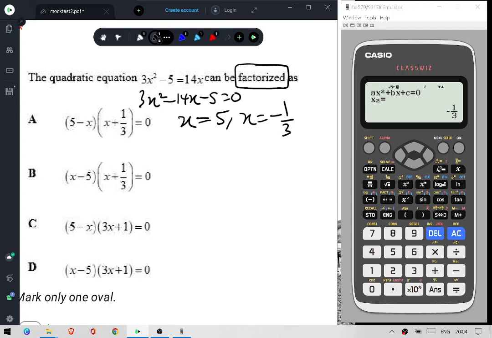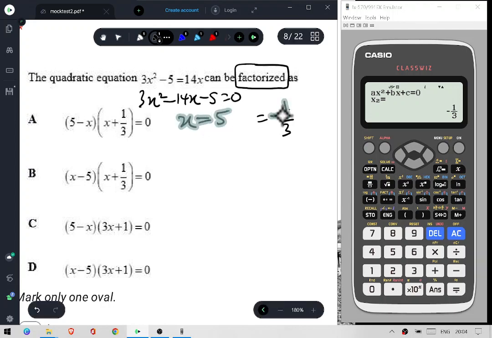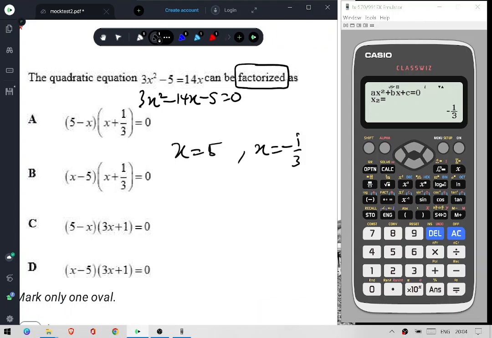So you reverse engineer. Reverse engineer means there should be a working over here, but you didn't do that. So what you do is take x equals 5 and x equals minus 1 over 3, and put them back on the left-hand side.